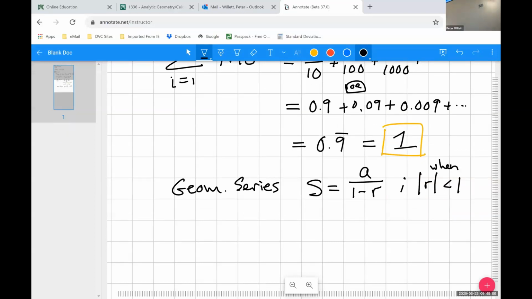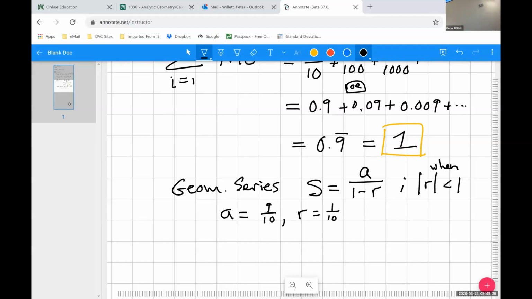And so we can test our formula in this case. We were already able to evaluate this from previous work, but in this case, I could note that the first term of my series was 9/10, and that the r value that we were multiplying by each time was 1/10.